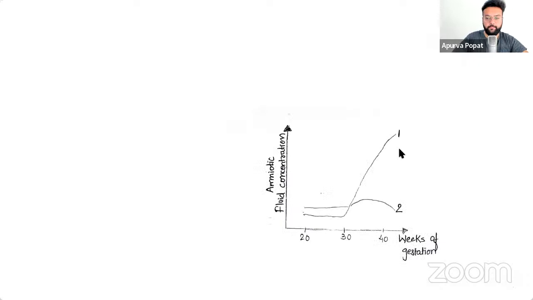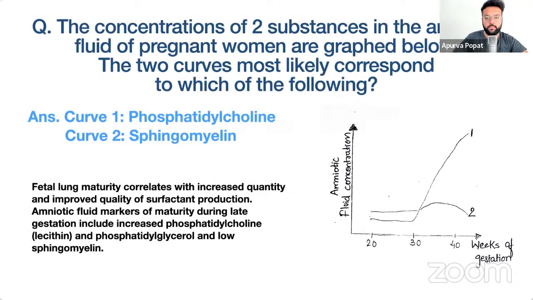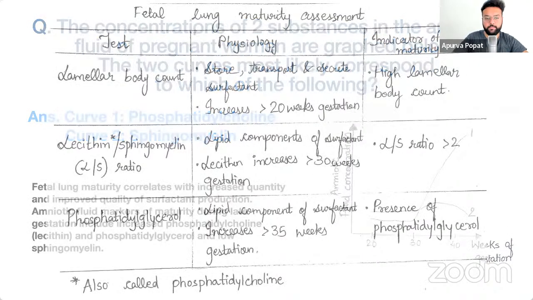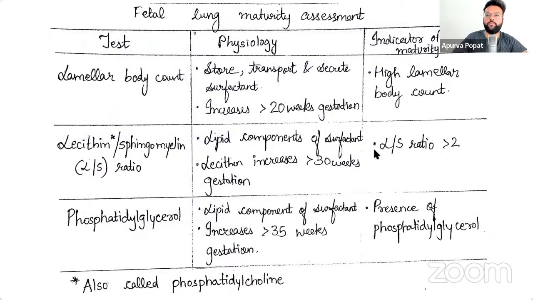Okay, next question. These are all tests you can do to check fetal lung maturity. You can do the lamellar body count, but that's tedious, right? You count the number of lamellae inside the type 2 pneumocytes. But if you have a very high lamellar body count, that's indicative of fetal lung maturity. Or you can do the lecithin by sphingomyelin ratio.